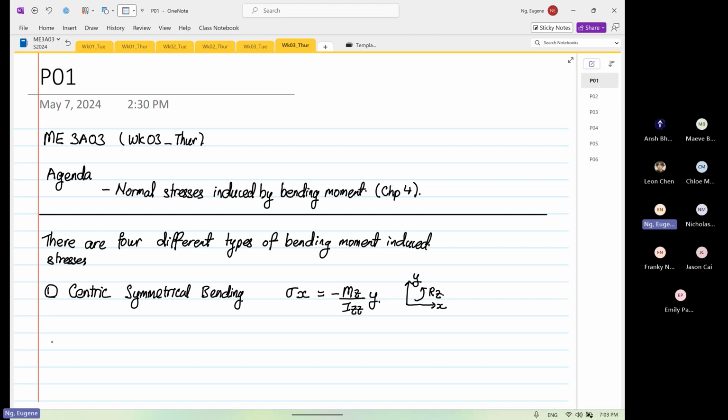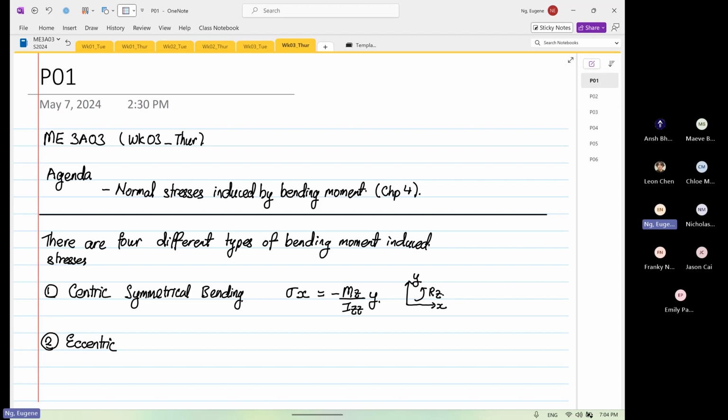The second type is what we call eccentric. It's like buckling: you've got centric and you've got eccentric. If you look at buckling, it is stresses induced by bending moment, isn't it? Once you start to buckle, you have a bending moment.